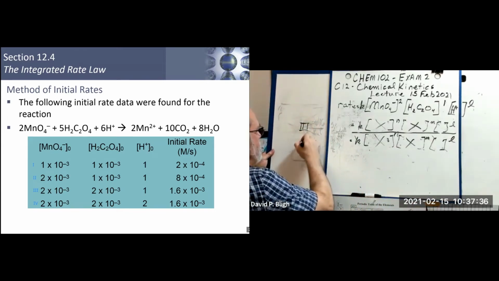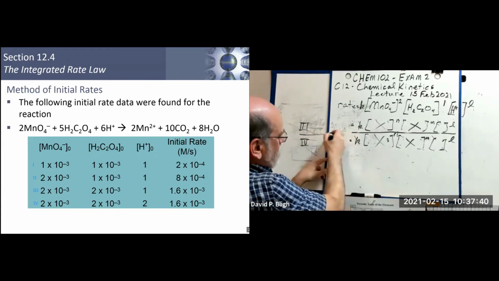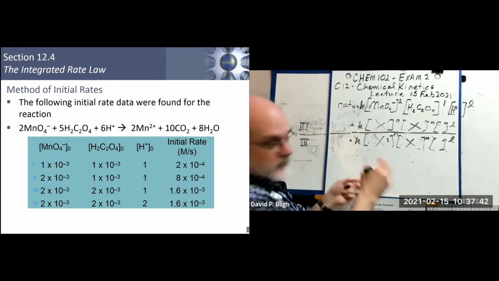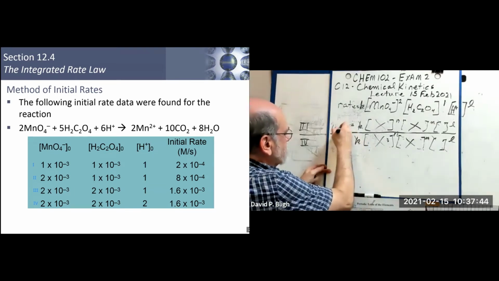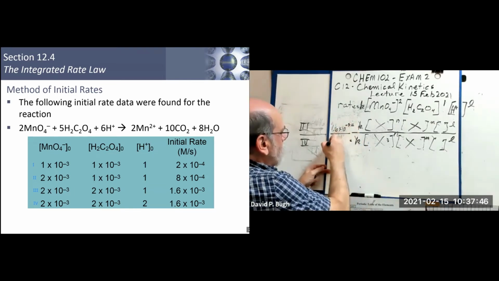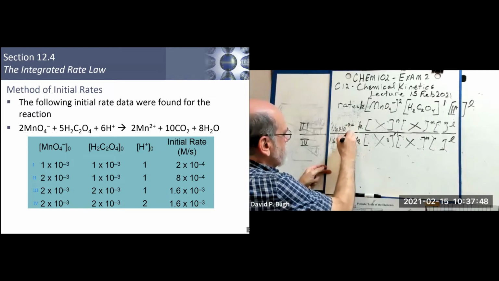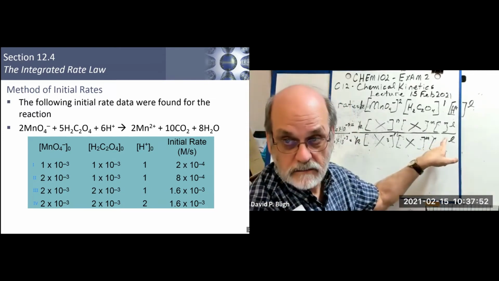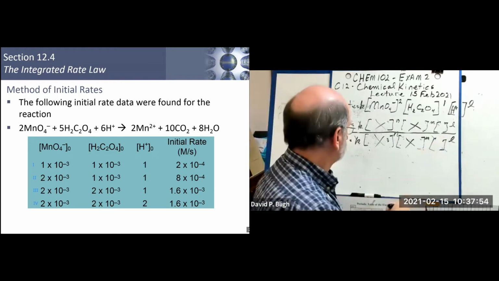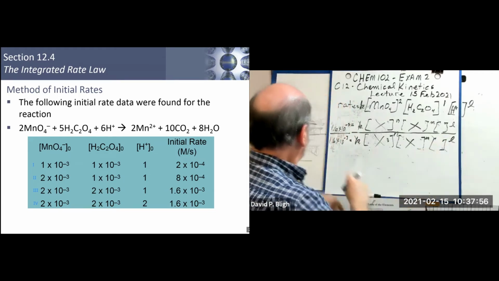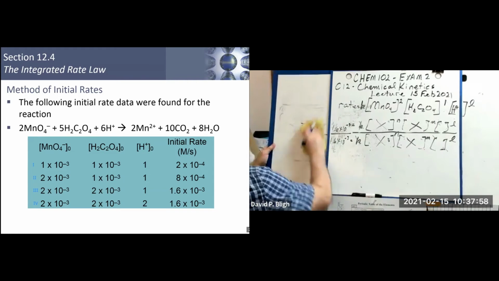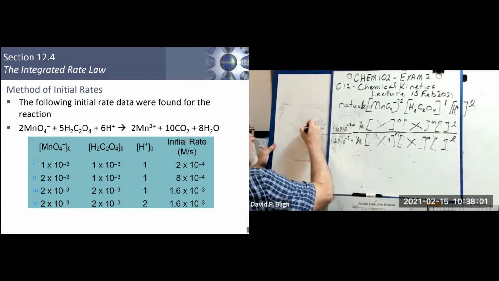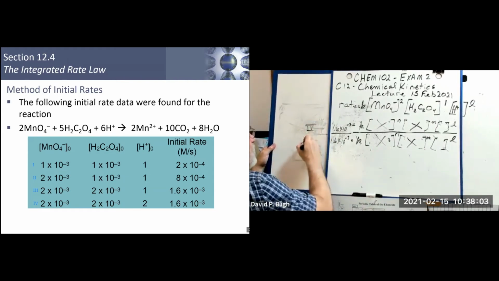3 and 4. Right. So what do we have here? Well, they're both the same. 1.6 times 10 to the minus 3 and 1.6 times 10 to the minus 3. Right? And then value over here. Well, let's put 4 on top. Let's be consistent. 4 on top and 3 on the bottom.